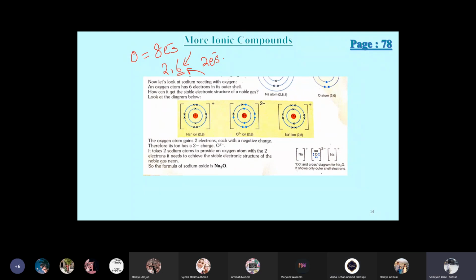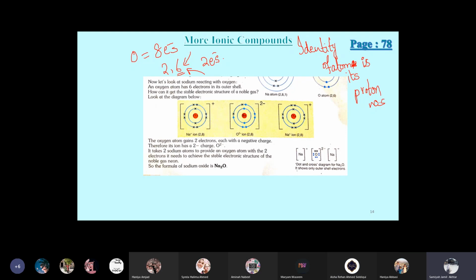Remember this thing that our identity is our name. So the identity of an atom is its proton number. Whatever the proton number is, that is its identity. So proton numbers are not changing here.